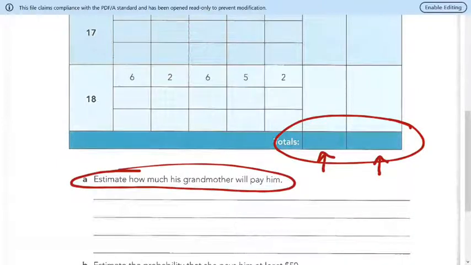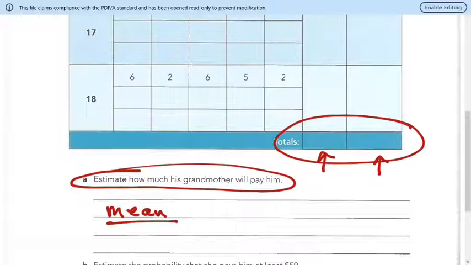Estimate how much his grandmother will pay him. Well, what have we been asked for before at that level, at the first question A? Mean. Exactly. And so you will do the mean and talk about the mean.